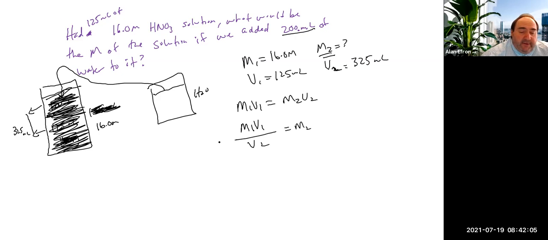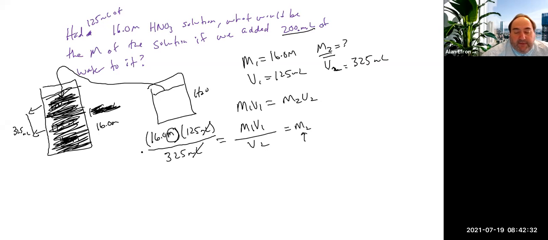And again, here, we do not need to change it to liters, but if you want to, you can. We can leave it here in milliliters, because our correct total volume is 325 milliliters. Milliliters and milliliters will cancel, leaving us with molarity as our unit, which is good because that's what we're looking for.